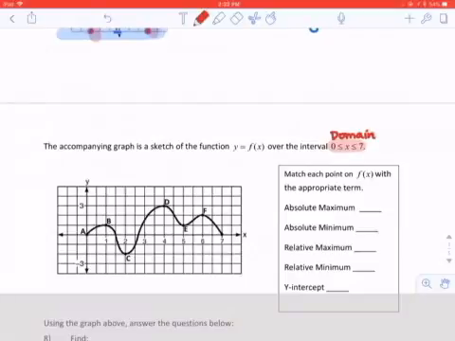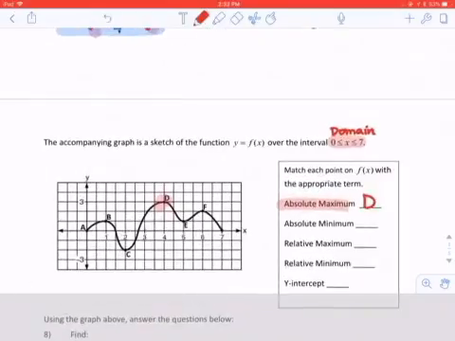Okay, absolute maximum. Which of these points is an absolute maximum? I would say that would be D, the highest point. Now I'm looking for absolute minimum, and that would be C. That's our lowest point. Now, a relative minimum would be another low point, and I would go with A for that one. Or actually, relative maximum I should have done first.